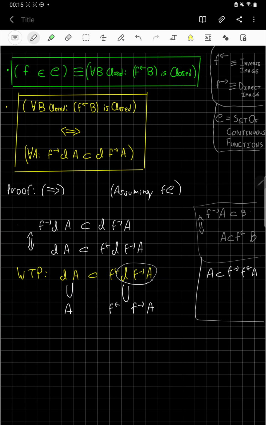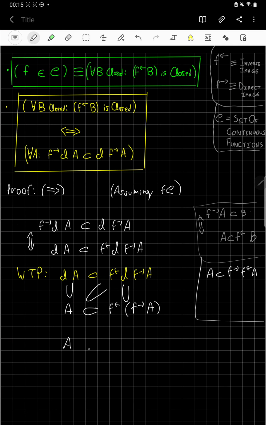So the direct image of A is smaller than the closure of the direct image of A, right? So this is an inclusion here. And now we already know this is true, right? So if you observe, this is almost what we want, the diagonal.